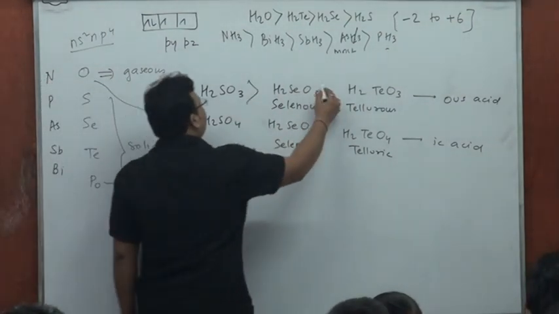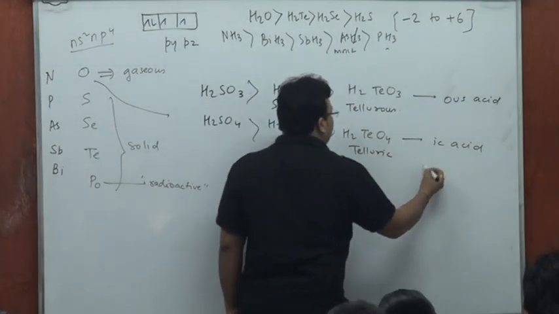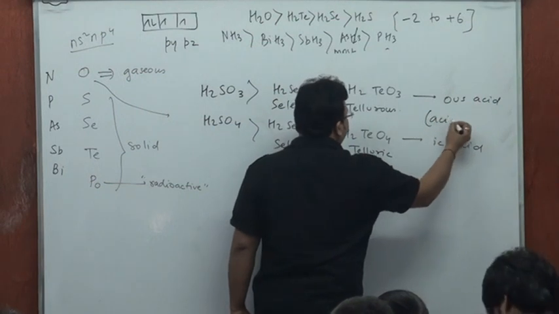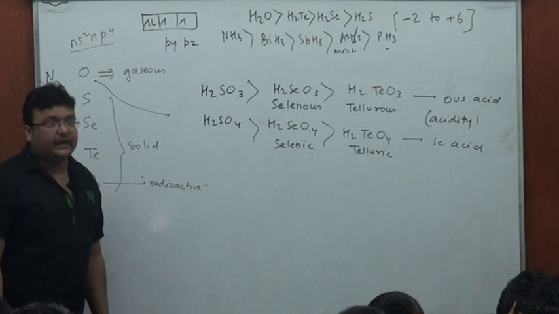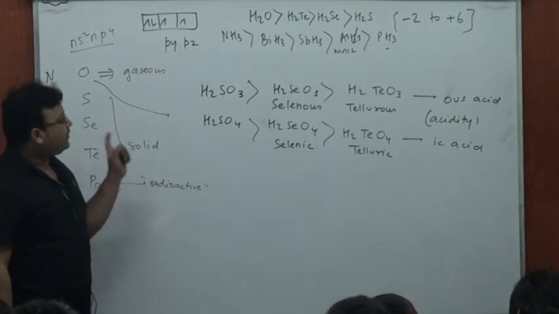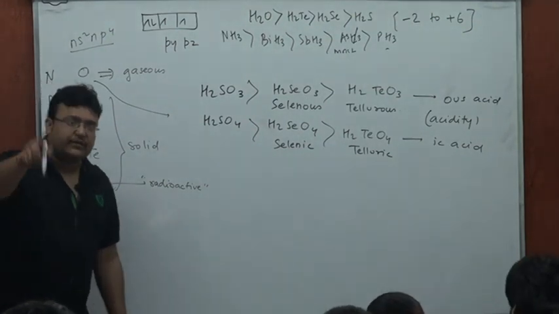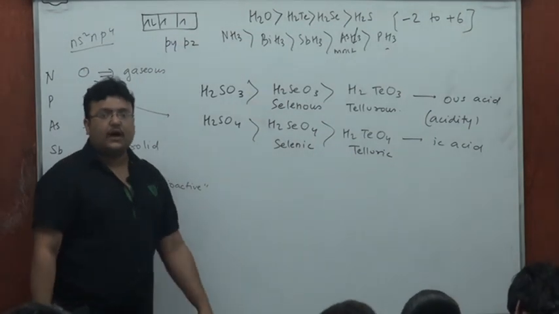This certainly has to be the order of acidity. You realize, because we don't bother about the size and bond length, we are bothered about the electronegativity. So this has to be the order of acidity. Down the group, electronegativity will decrease and the acidity would fall down.